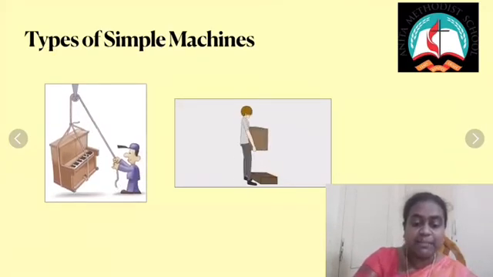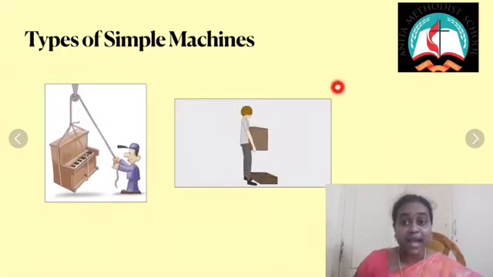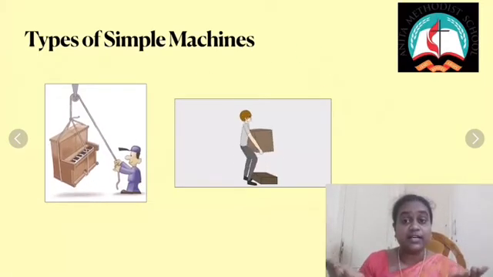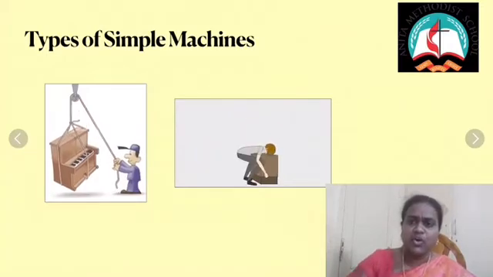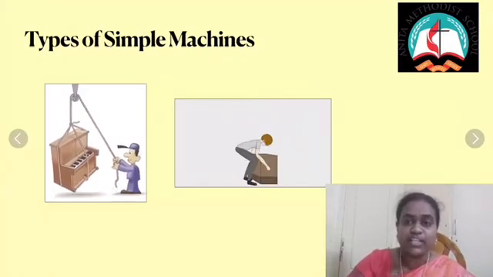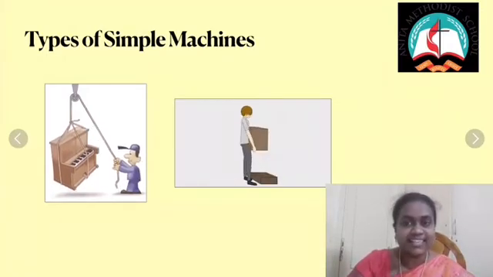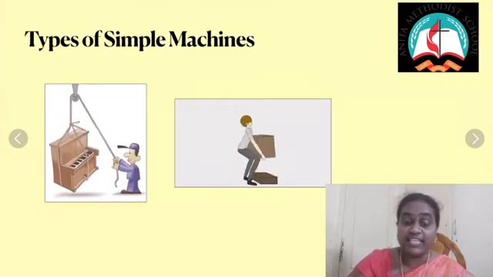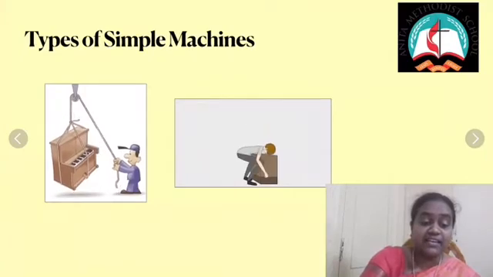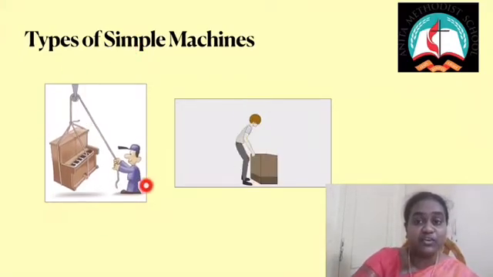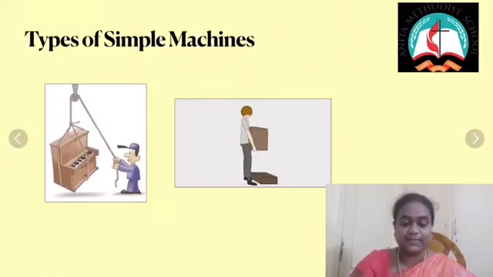In the second picture, a man is trying to lift a box. Who is doing an easier work here, children? Think. Yes, you're right. The man pulling the piano is the right answer.